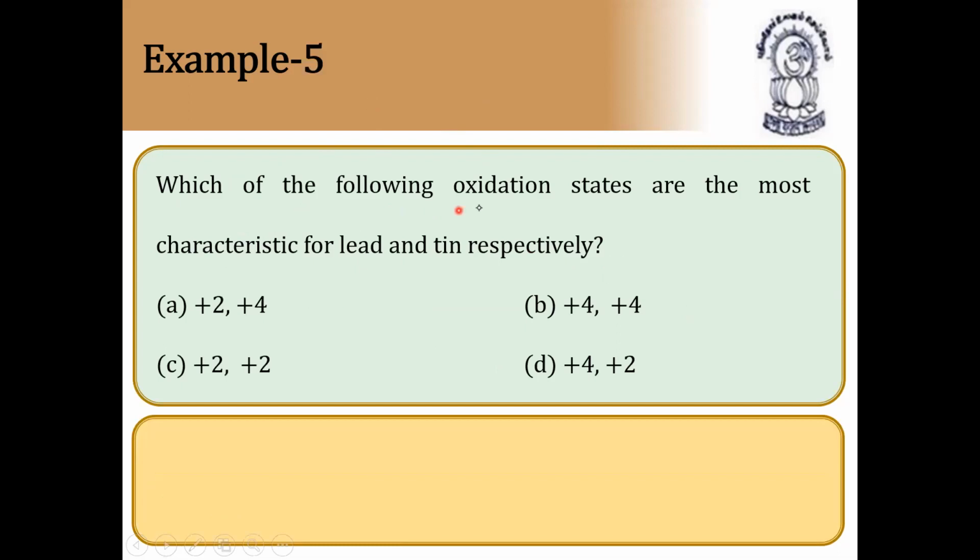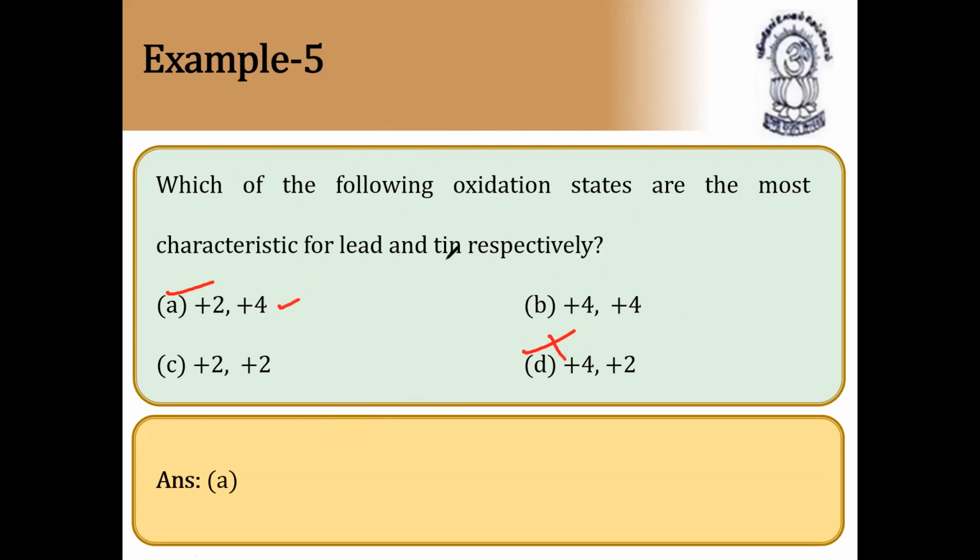Next question. Which of the following oxidation states are most characteristic for lead and tin respectively? Plus 2 and plus 4. Straight away we can say not plus 4 and plus 2, but plus 2 and plus 4. Let us see the answer. It is option A, because plus 2 and plus 4 is correct.